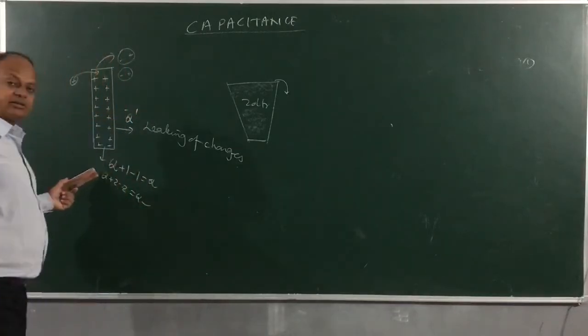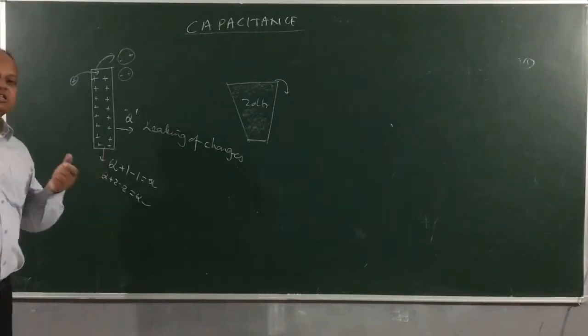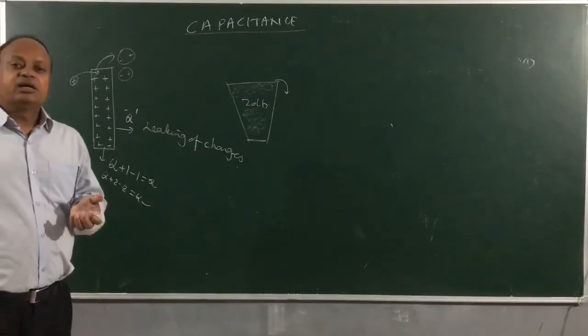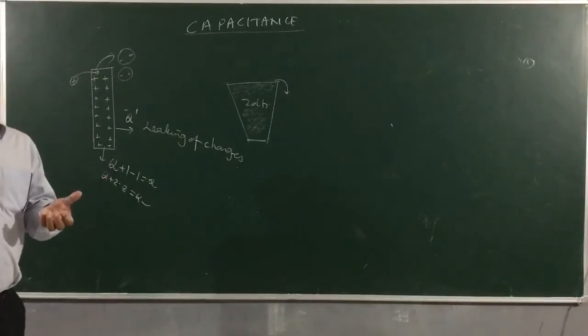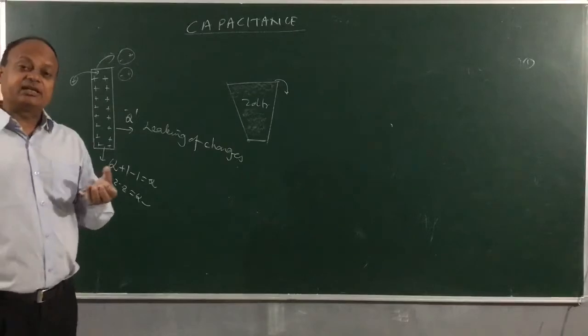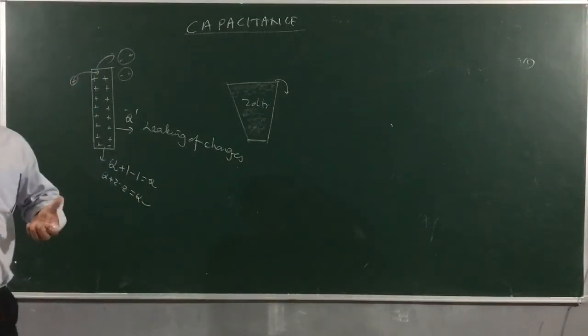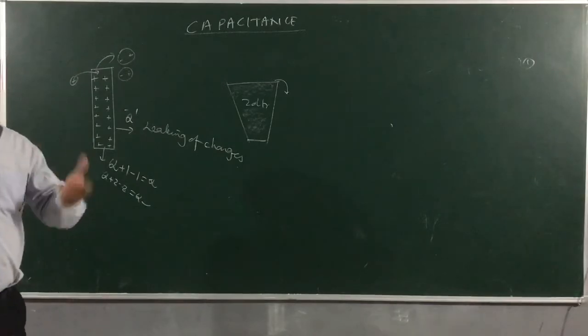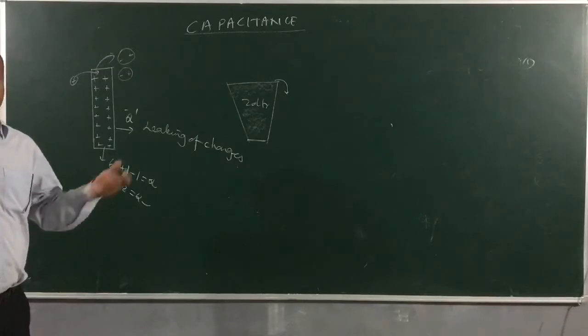Same thing happens. Right? So we said that each and every conductor has got a fixed capacity of storing charge on it. Right? And how much charge a conductor can store will depend on factors. One of the major factors will be geometry of the conductor, the size of the conductor. Okay, that's very crucial. We're discussing this.